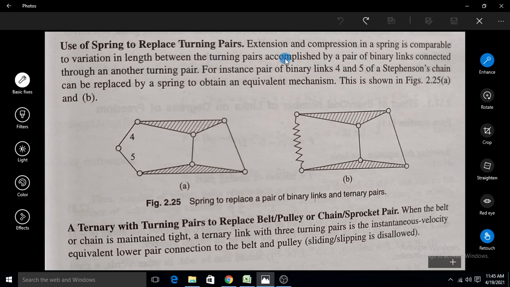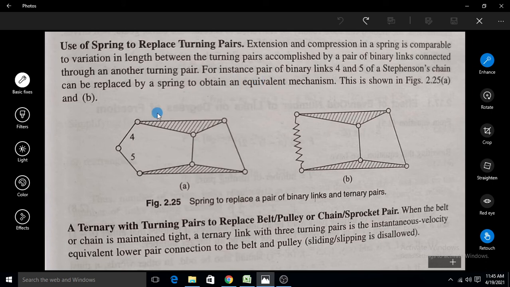See here, the extension and compression in the spring is comparable to variation in the length between a turning pair accomplished by the pair of binary links connected together and another turning pair.